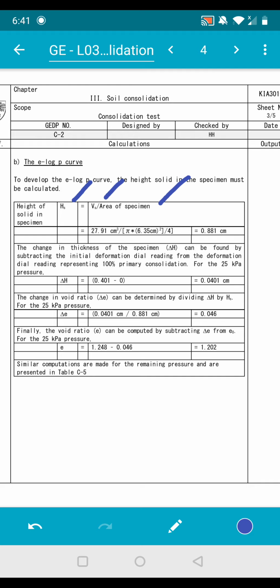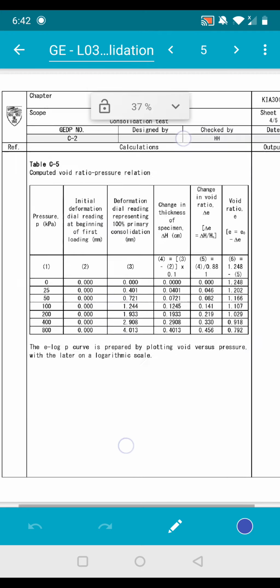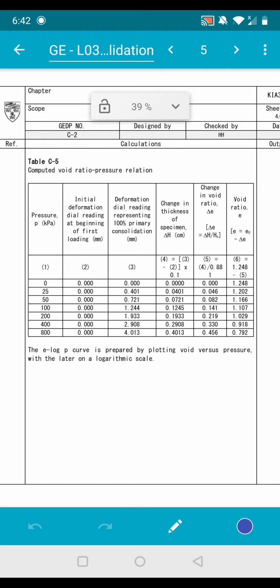And every time the pressure occurs, you need to calculate the difference of thickness in order to get the E log P curve. So this is a summarization of the table.